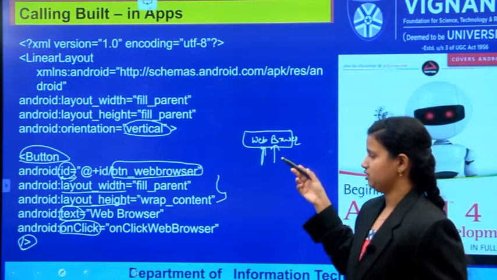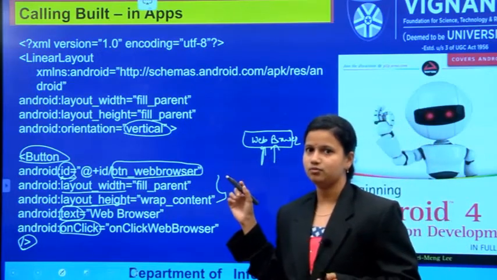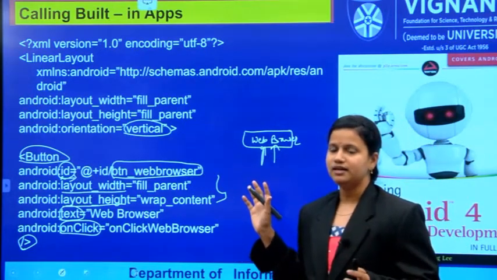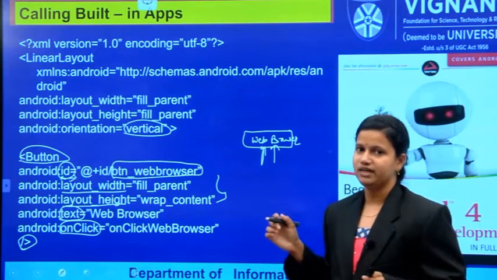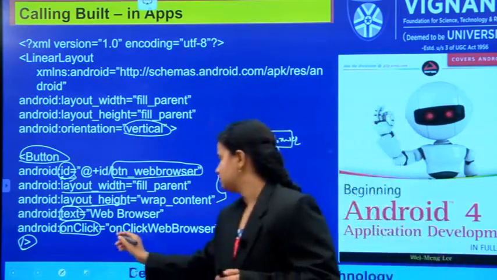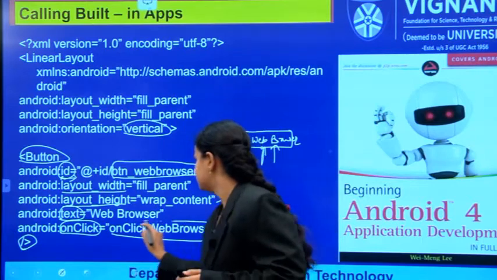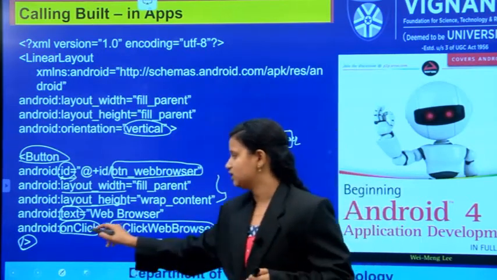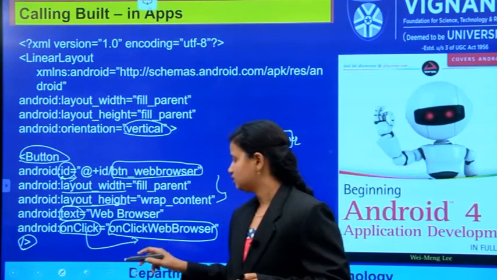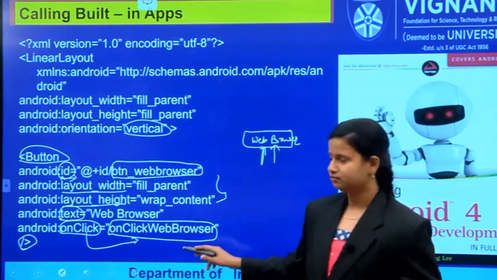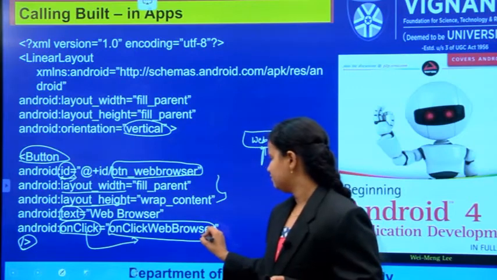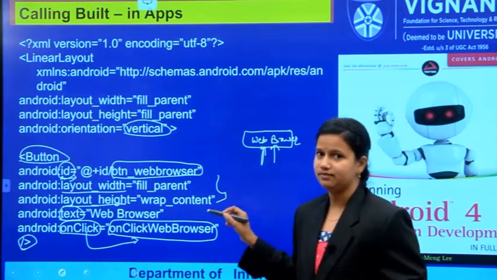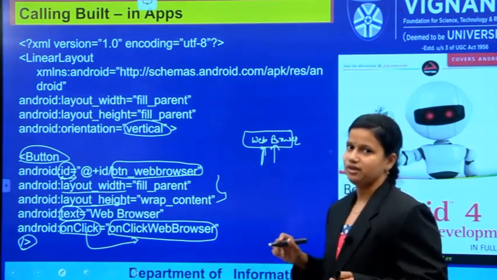So what is the action we have to perform? That action related code will be written in Java, and this is a function call, or the method is to be called here. What is the method name? On click web browser. The method implementation will be done in your Java file.